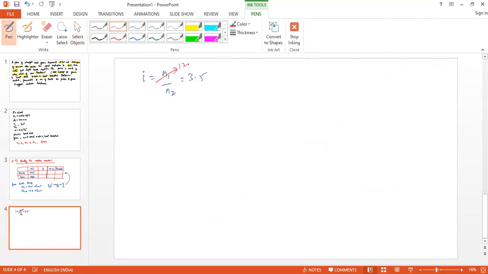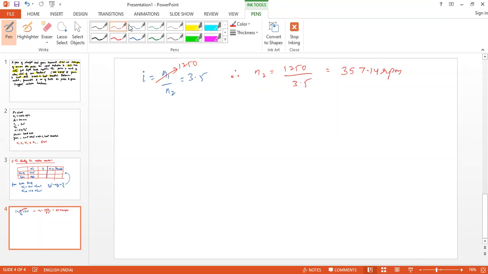So N1 is 1250, therefore N2 is 1250 divided by 3.5, which is 357.14. Okay, N2 is this.